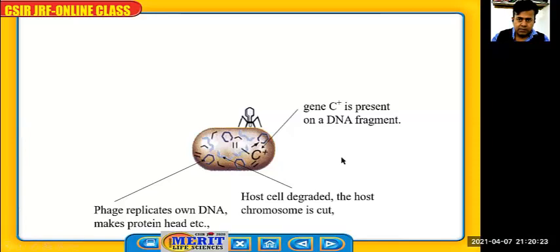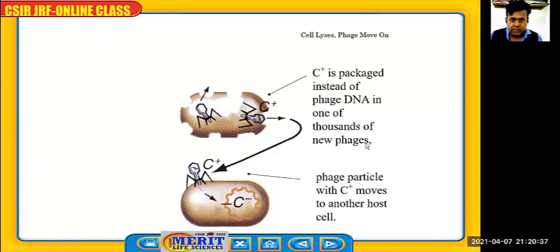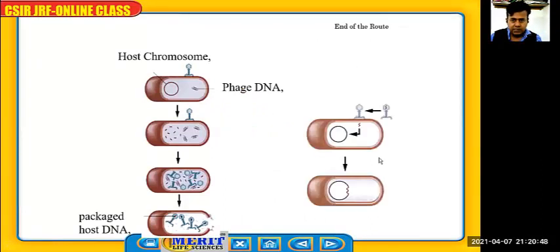C plus is packaged instead of phage DNA in one of the thousands of new phages. So the phage particle with C plus moves to another host. What you can finally observe is that the packaging is done and C plus was introduced.